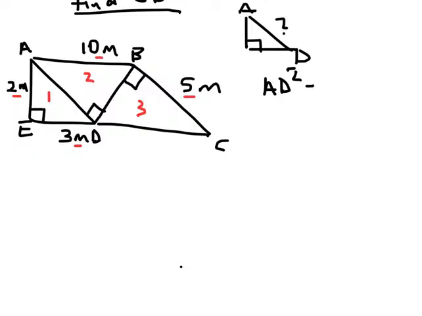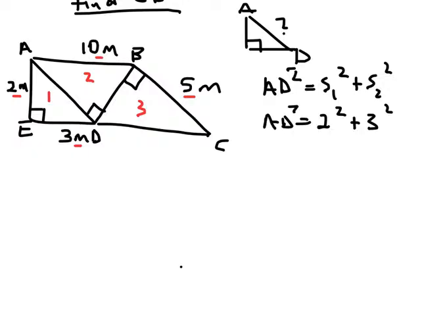That is why you will say hypotenuse squared equals side 1 squared plus side 2 squared. So side 1 is 2, plus side 2, which is 3, and that is your AD squared. So 2 squared is 4 plus 3 squared is 9, that should be 13. So your AD squared is equal to 13.